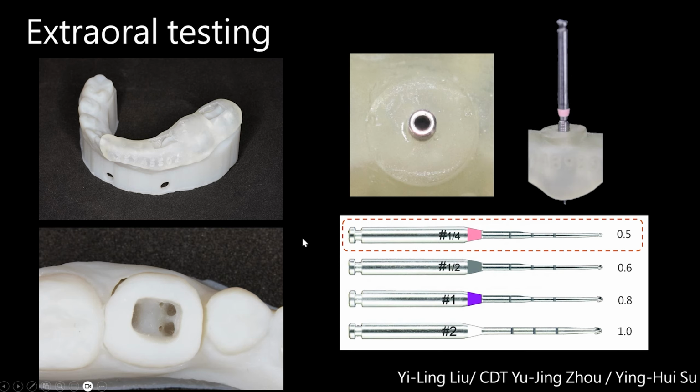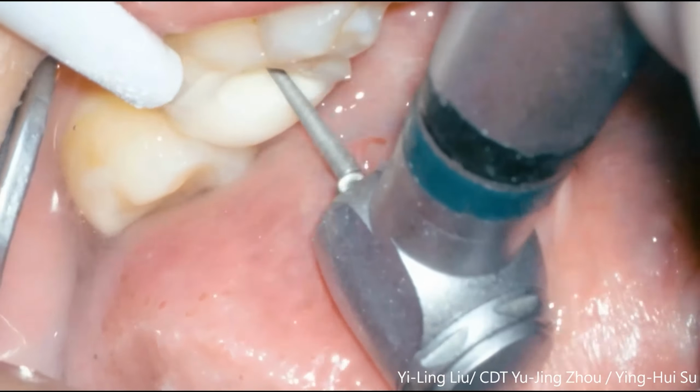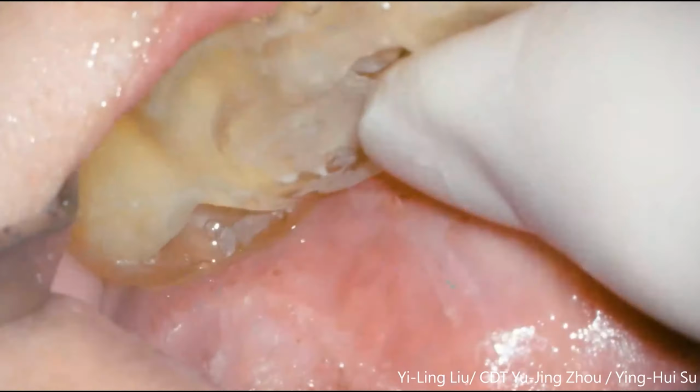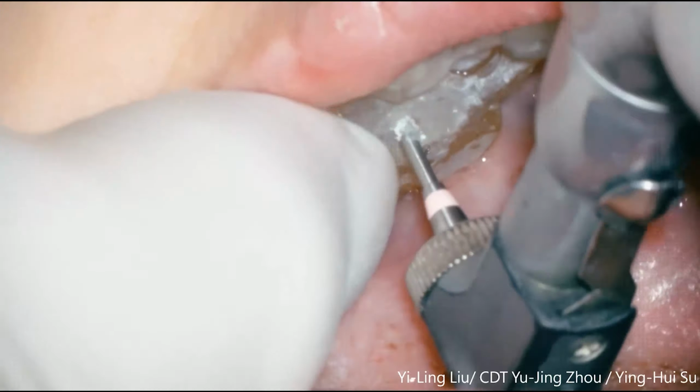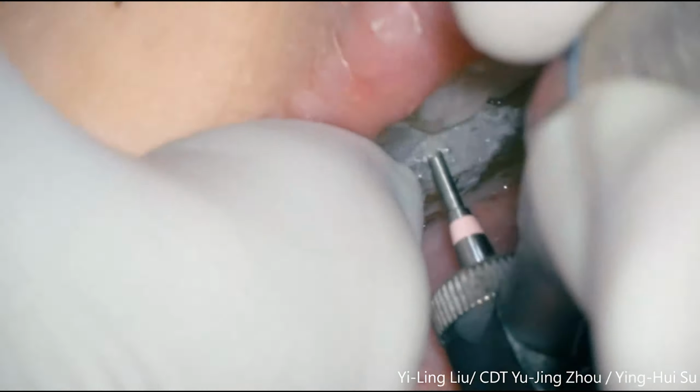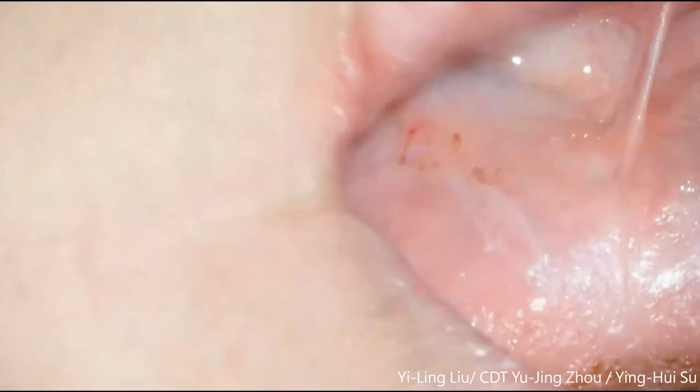I use this kind of Muse discovery curve. And this is the intraoral trying. And this is a video. This was finished in 2019, 2021, I think. At that time, I was not very familiar with this technique, so I didn't use the rubber dam then.